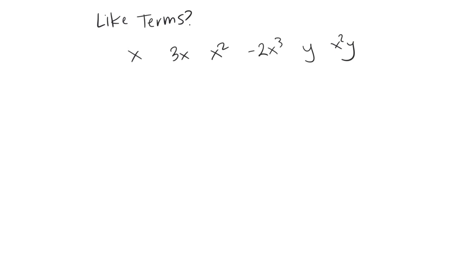If I wanted to know which ones are like terms, what am I looking for? Just as a reminder, like terms have to be the same variable and same exponent.